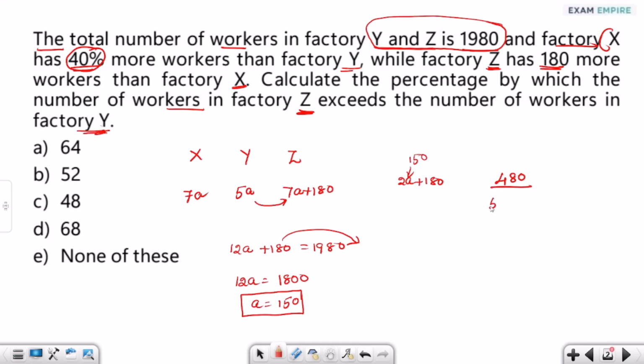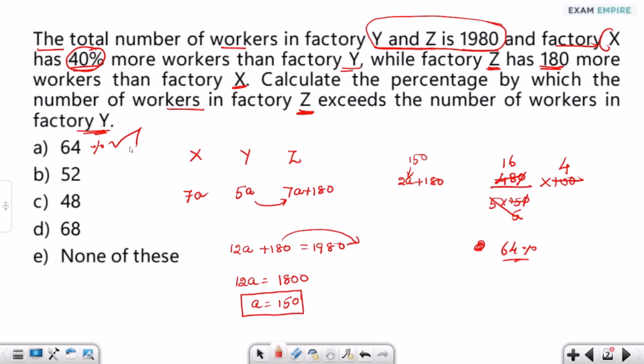So 5 into 150, into 100. Anyhow, it is going to get cancelled. So 0 and 0. Next, if I cancel by the 3 table, this is 16 times and this is 5 times. So 5 and 5, 25, and here 100, 4 times. So 16 into 4, you'll be getting 64. So the answer for this particular question is 64%.